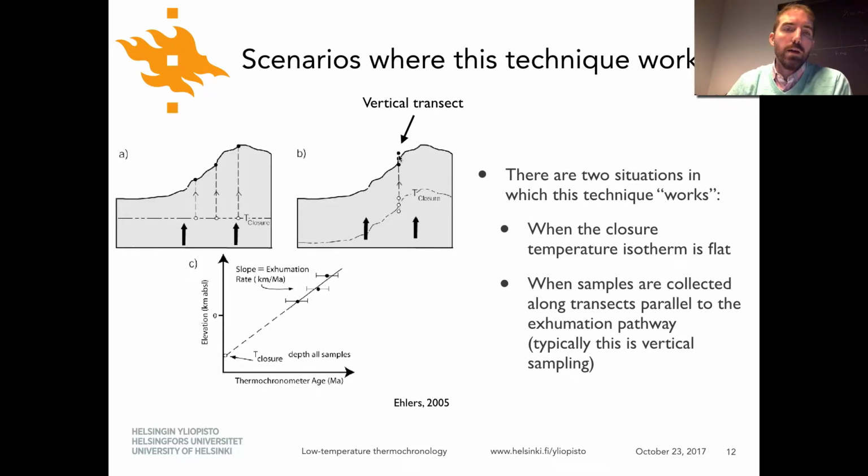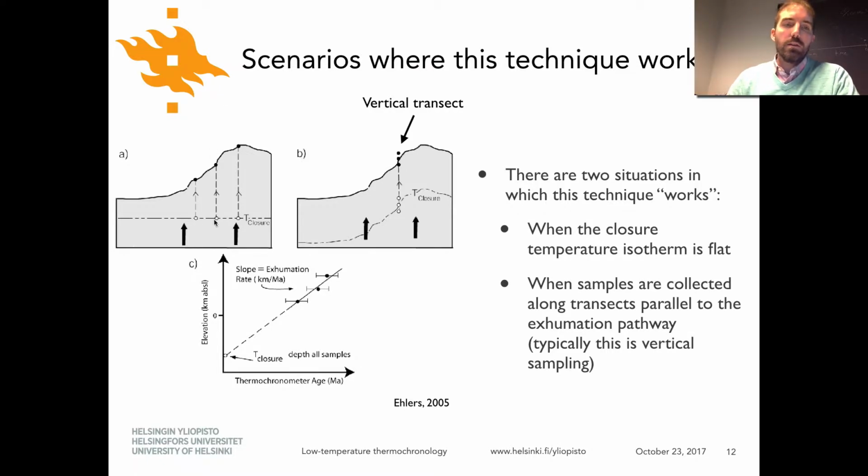Now, as you can imagine, finding these kind of scenarios in nature, you don't encounter too many places where you have 1 kilometer or 2 of vertical exposure of rocks you're trying to date. If you're working on a project where a borehole is drilled, that might be one possibility, but that's not cheap, and you may have to battle to get the rocks out of the borehole as well.